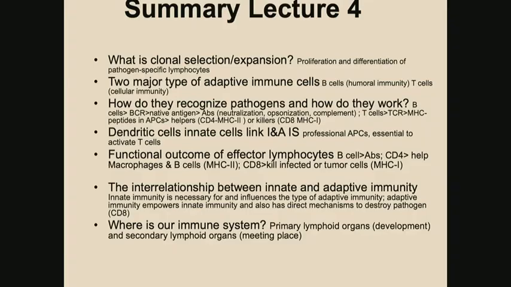Yeah. So which other cells do traffic from the site of infection to the secondary lymphoid organs that we were just talking about? What's your name? Sarah. So which cells traffic from the site of infection to the secondary lymphoid organs, to the meeting place?